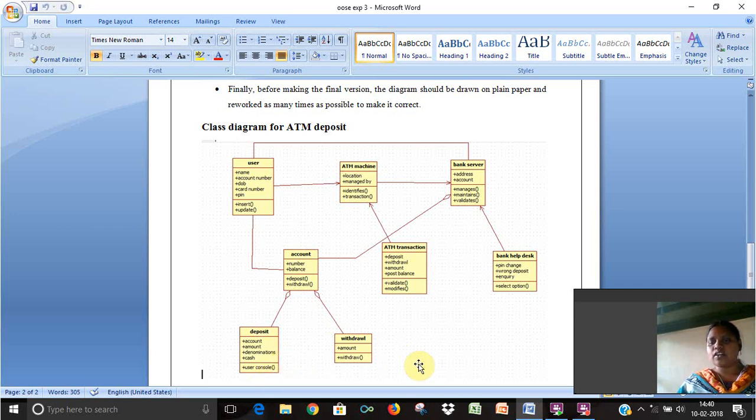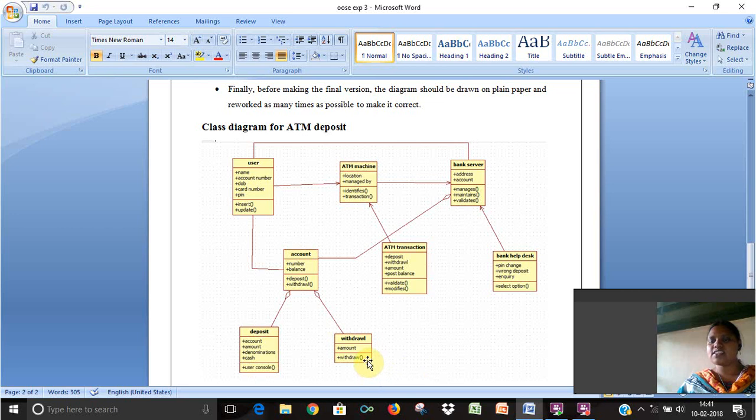Coming to the withdrawal class, if we select withdraw in transactions, it will display within seconds, like enter amount. Then it will show transaction processing, and if the money comes out it will show transaction complete.